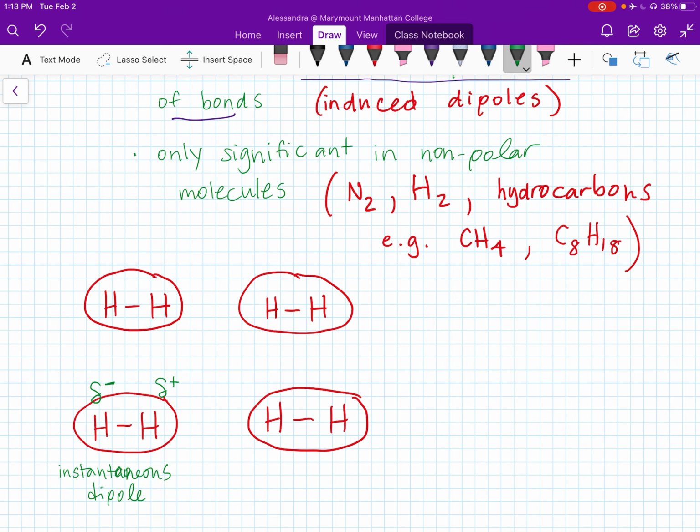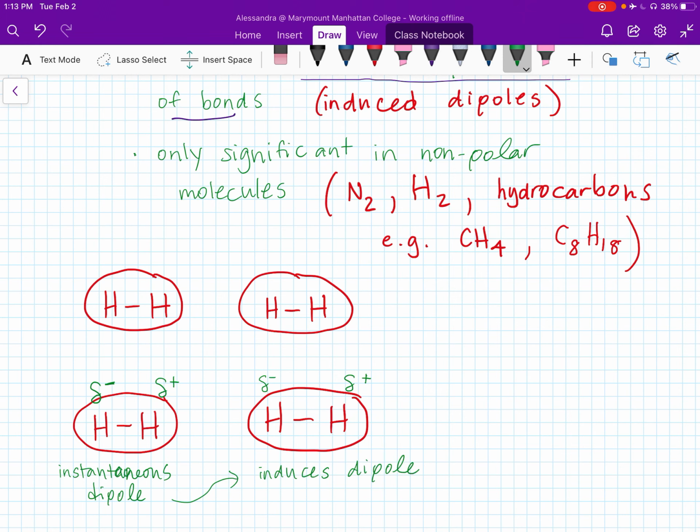However, it has an effect, because then the molecule next door is going to be attracted, the electrons in it are going to be attracted to the positive end of that molecule. So you're going to have the electrons move to that side, and that's going to leave the opposite side with a positive charge. So the instantaneous dipole induces a dipole in the neighbor molecule, and that will happen again and again and so on.